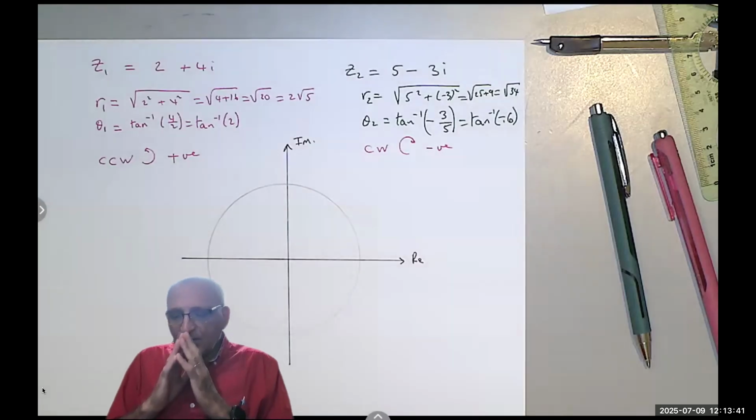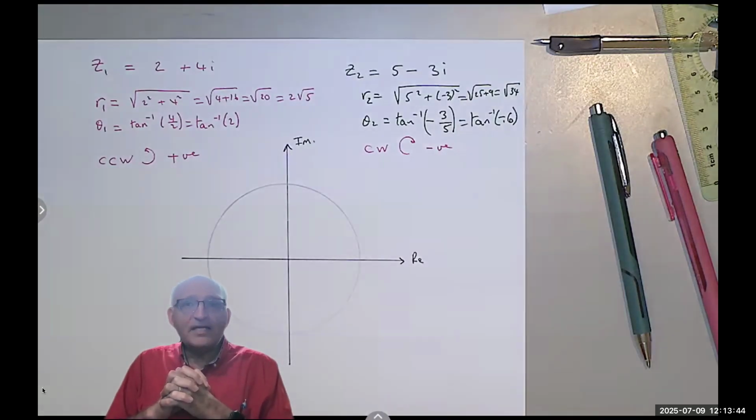Okay, so what's the meaning of multiplying two complex numbers?